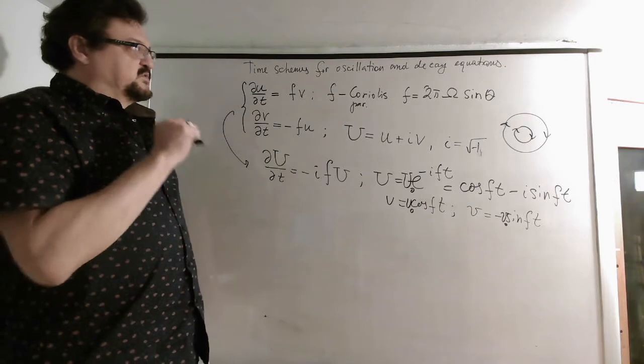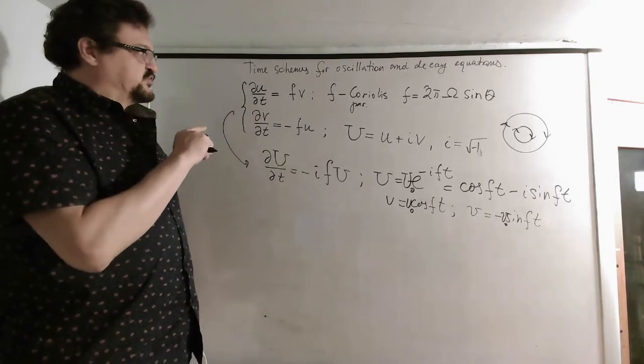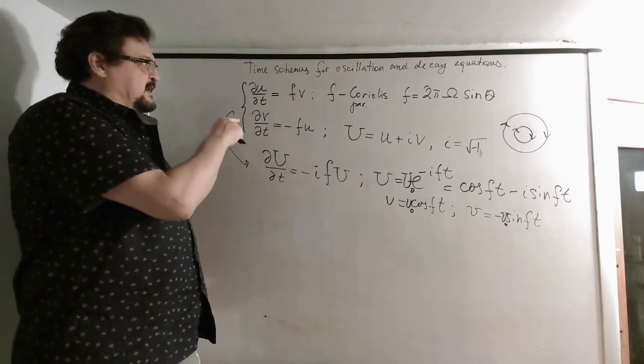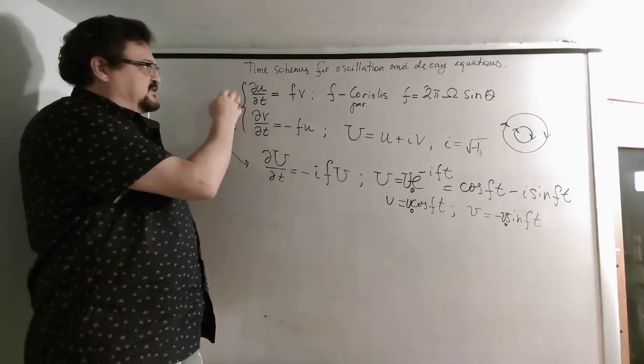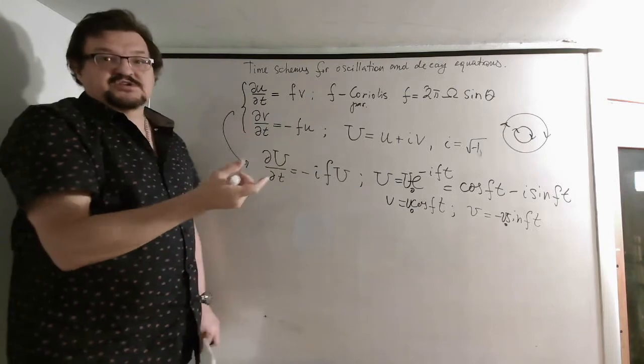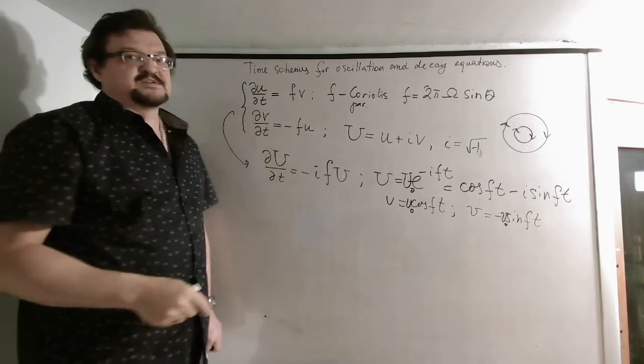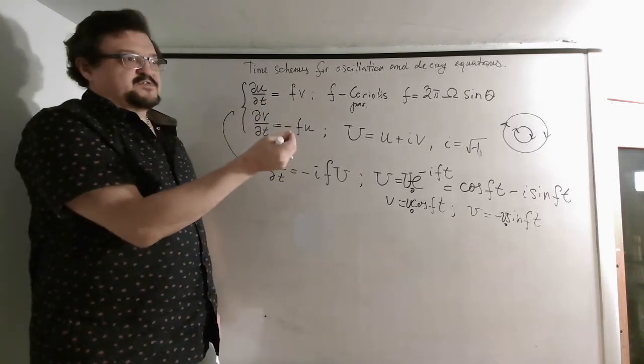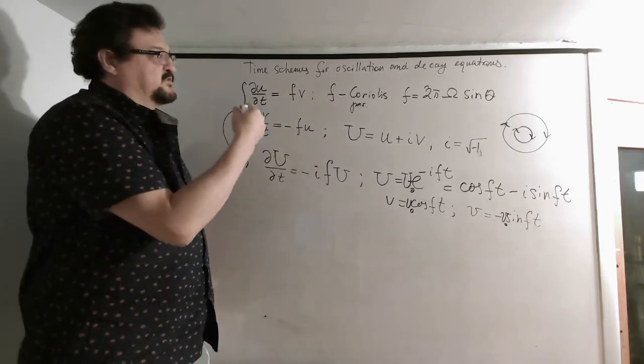When we include these Coriolis terms in our dynamic equations, we need to choose a certain time scheme that we usually choose not just to include these Coriolis terms, but to solve for our advection and our diffusion.